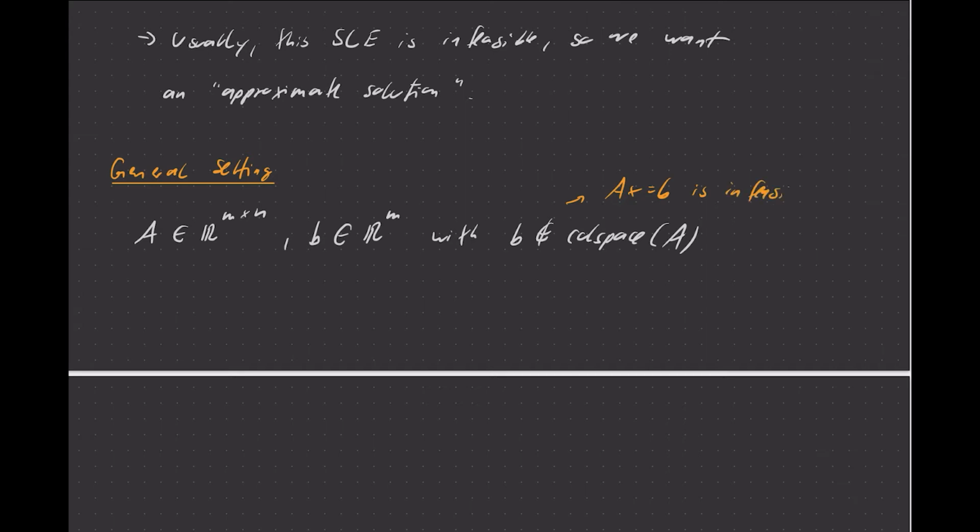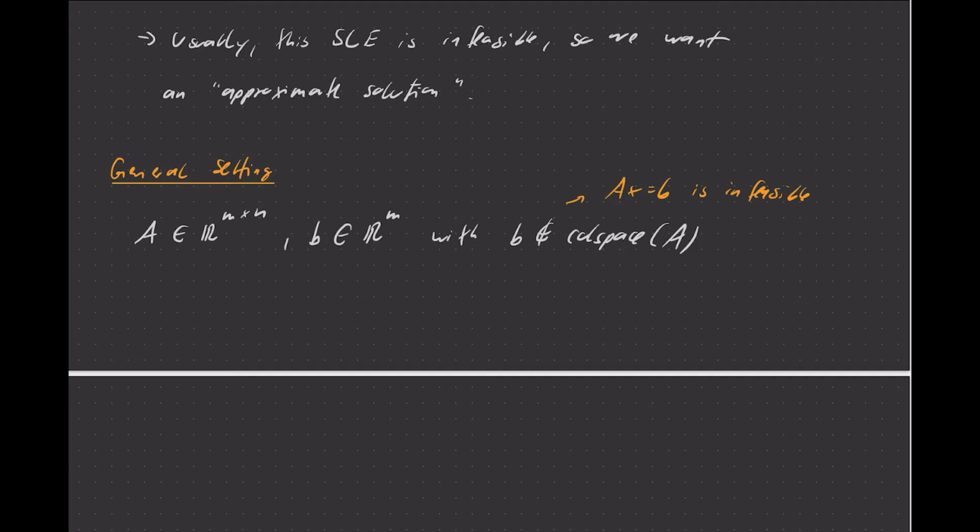So what we have is a matrix and the right-hand side form a system of linear equations, but that is infeasible. That means the right-hand side is not in the column space of the matrix. So we have a matrix A, let's say an M by N matrix, and we have B in R to the M with B not in the column space of A. And that means AX equals B is infeasible.